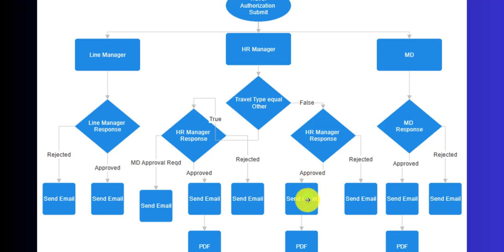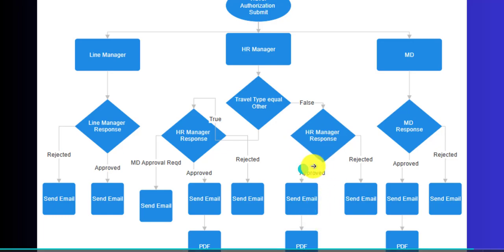If he or she approves the item, then our specific employee or requester will get a successful notification that the item has been approved by the HR manager. And if it is rejected, it will reject, and in the same way the employee will get the reject mail notification. If the HR manager approves, then this will be the final approval, and finally it will generate the PDF.